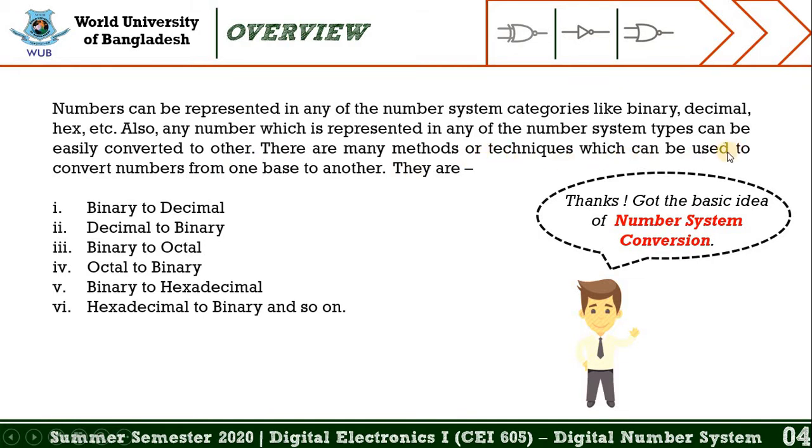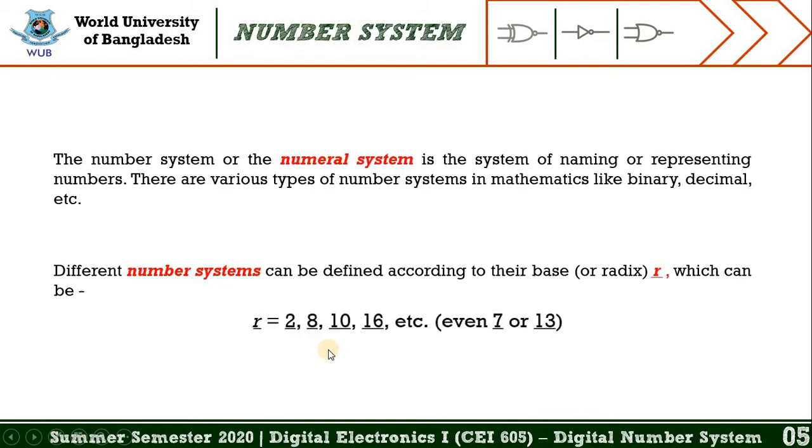There are many methods or techniques which can be used to convert numbers from one base to another. They are binary to decimal, decimal to binary, binary to octal, octal to binary, and so on. So let's move into the next slide.